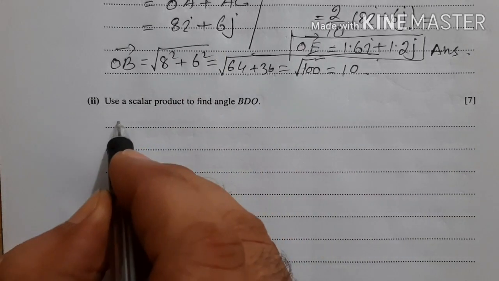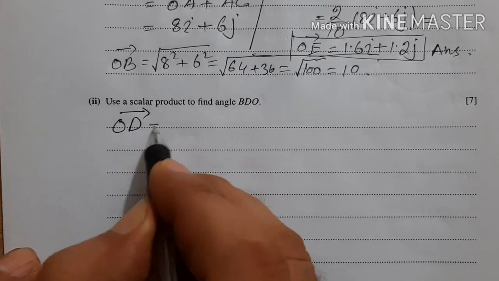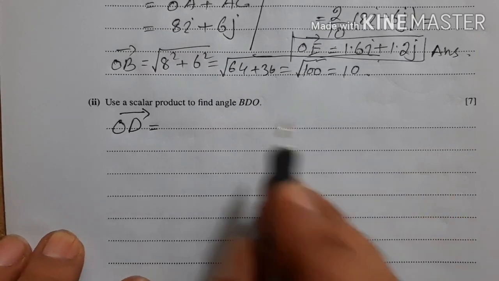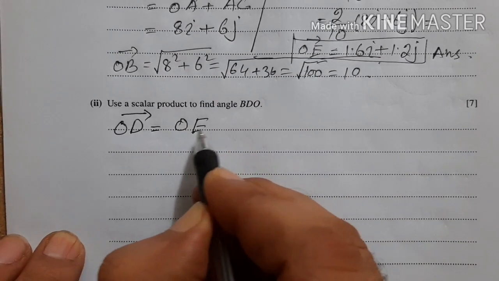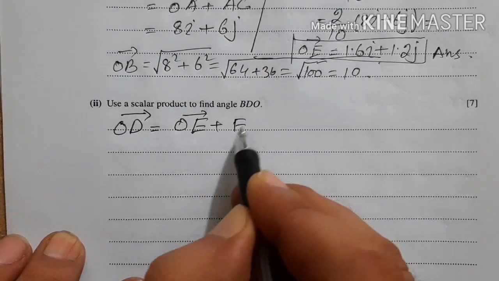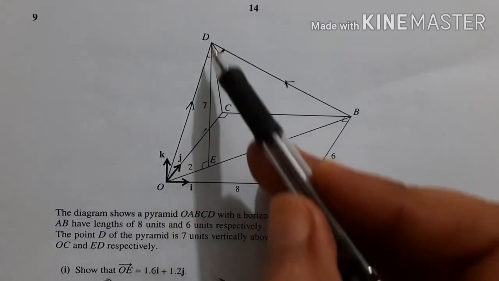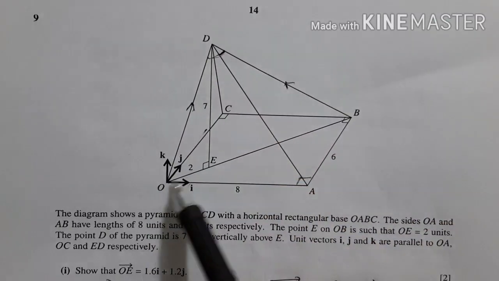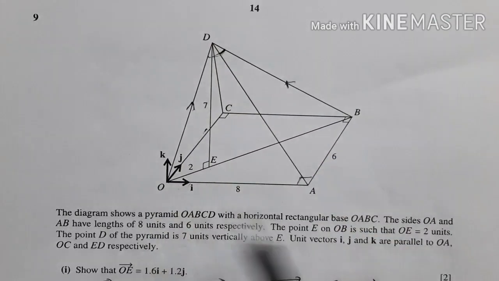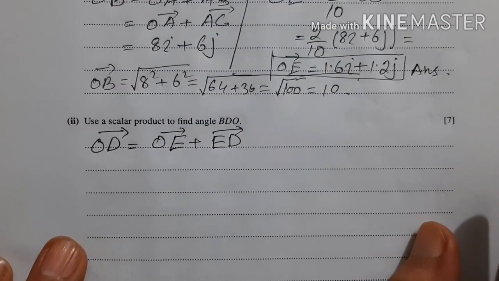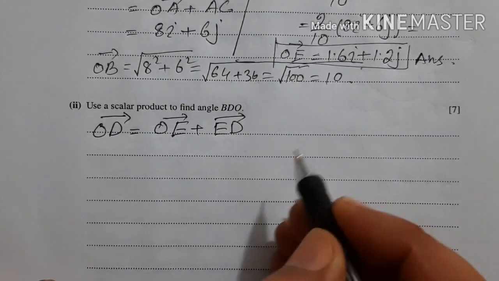OD will be actually OE plus ED. So we'll go like that, OE plus ED. What will this be?